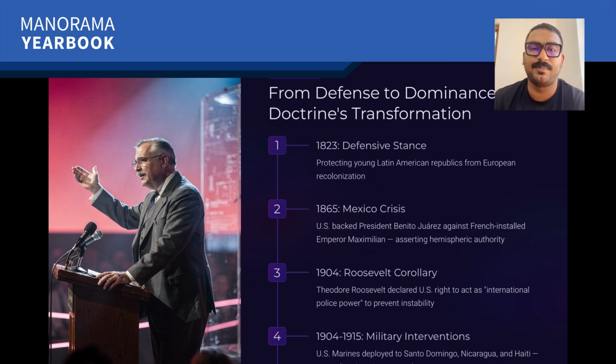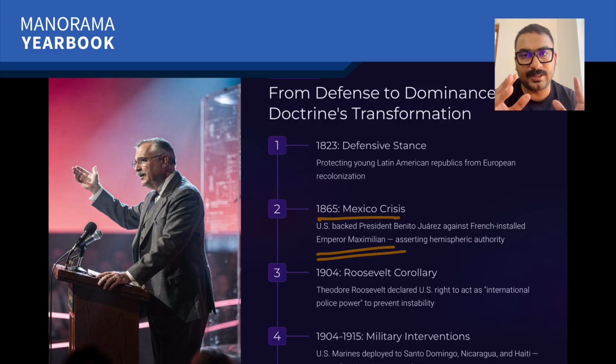For a clear example, we can talk about an incident in 1865 when the US supported the Mexican President Benito Juárez against the Emperor Maximilian, who had been installed by France. With US diplomatic and military pressure, Benito succeeded, reinforcing the idea that the US would decide what happened in its hemisphere.